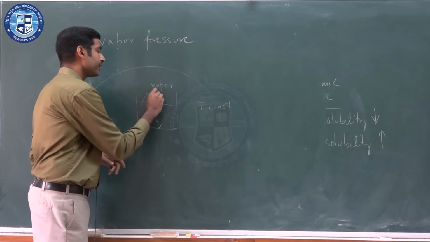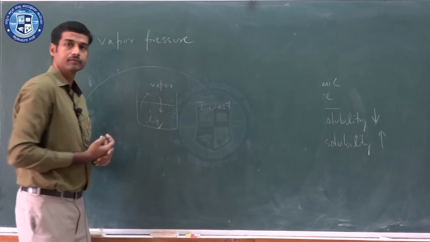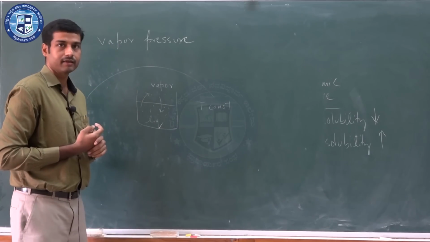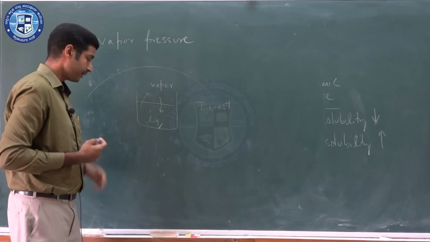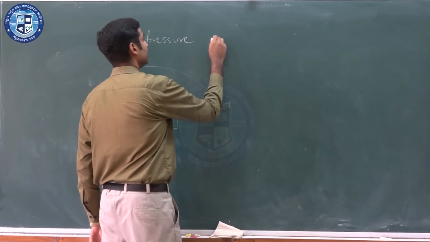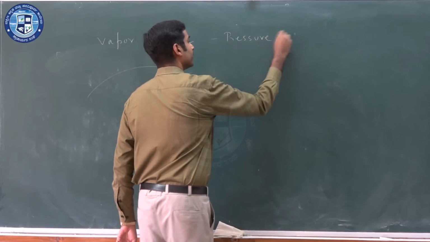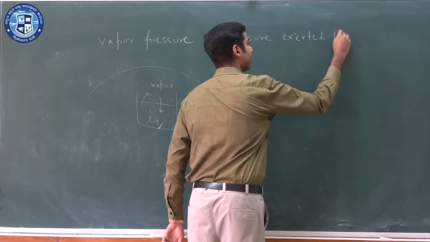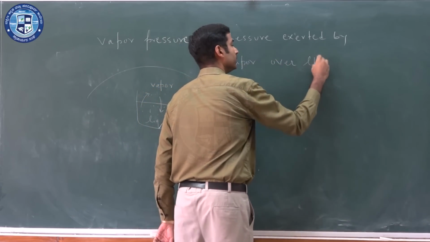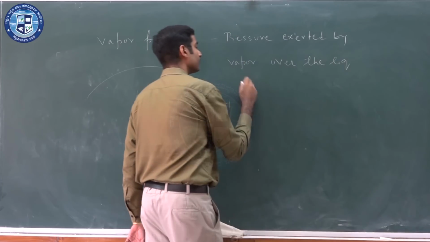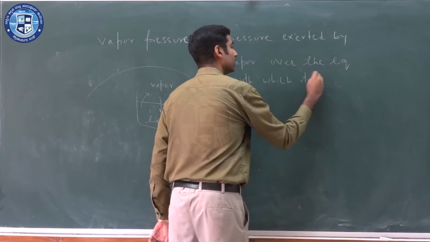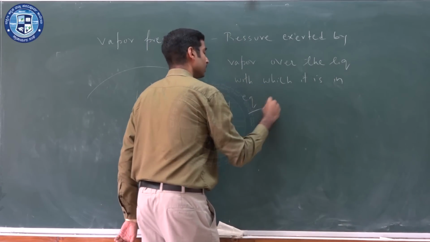At this particular stage, there is some pressure that is exerted by the vapor over the liquid with which it is in equilibrium. This pressure that is exerted constitutes the vapor pressure. So, in a simple phrase, vapor pressure is the pressure exerted by the vapor over the liquid with which it is in equilibrium.